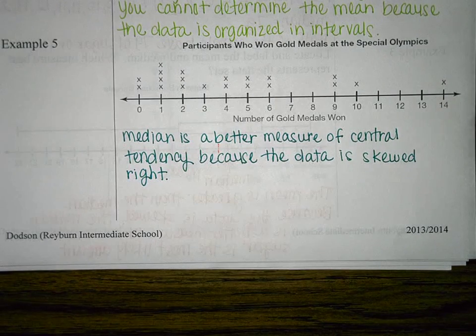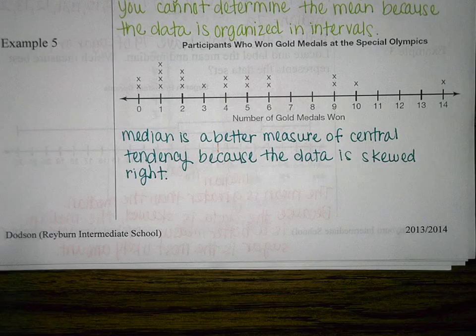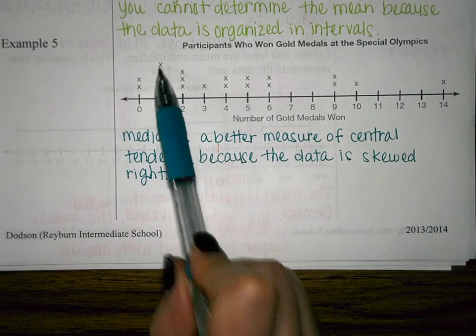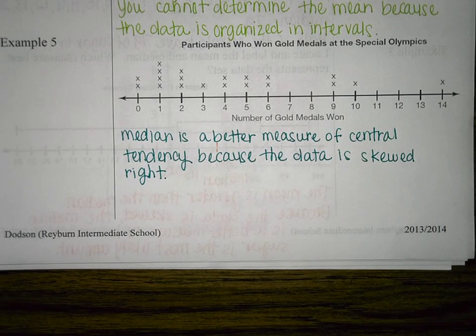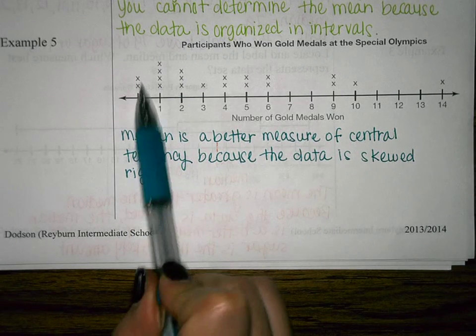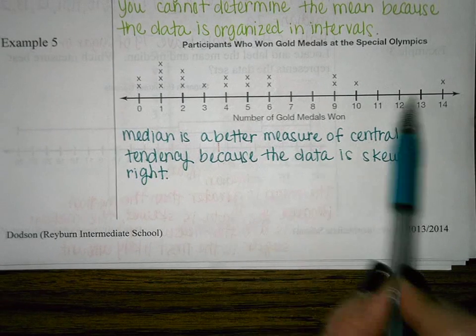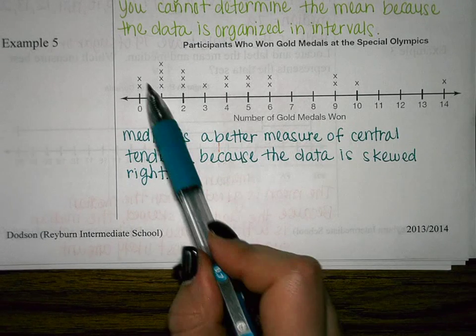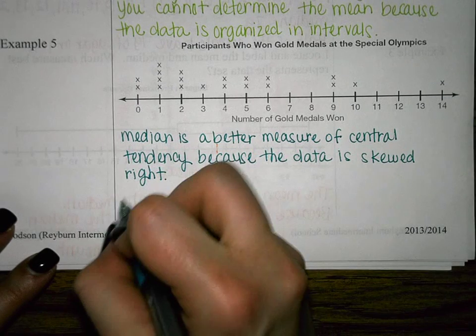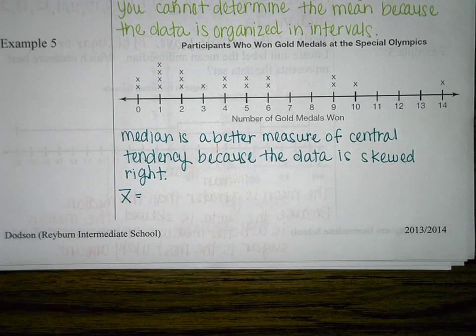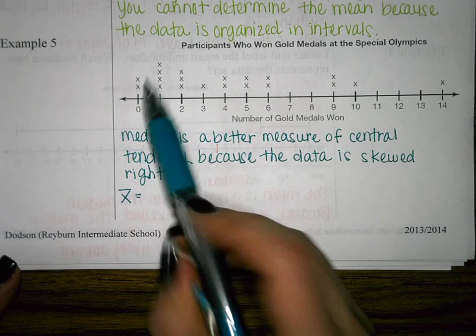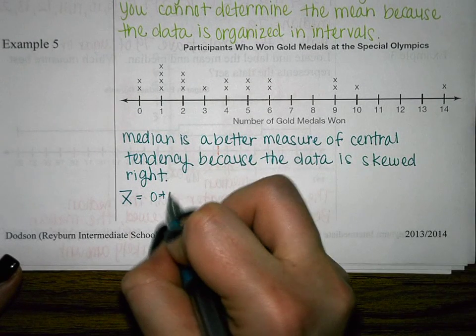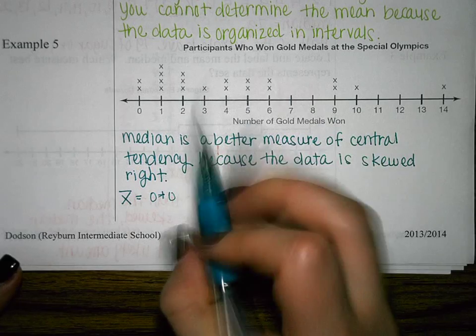Now, on a dot plot, they actually do tell us exactly how many people got 0 medals, how many got 1, how many got 2. So we can calculate the mean and the median. To calculate the mean, you take all of the numbers of medals won, add them all up, and divide by how many dots there are. So x bar, the mean, would be 0 plus 0 plus 1 plus 1 plus 1 plus 1.